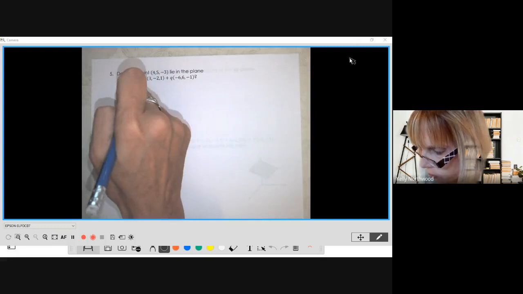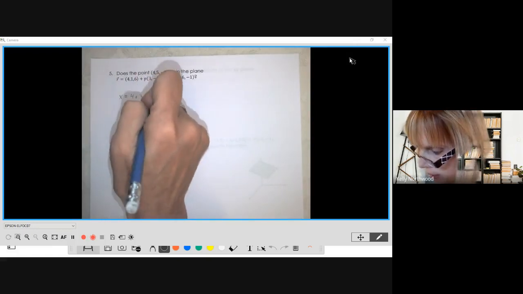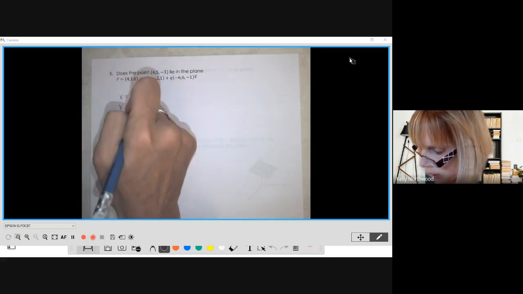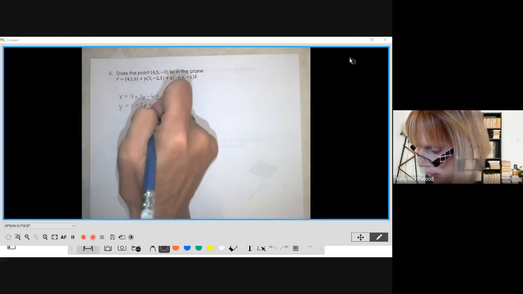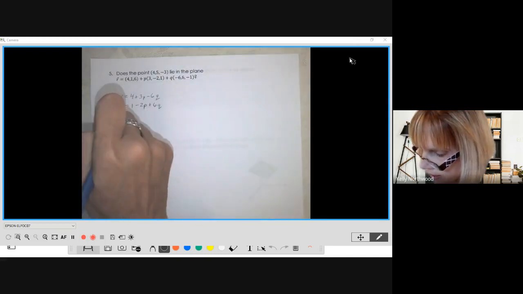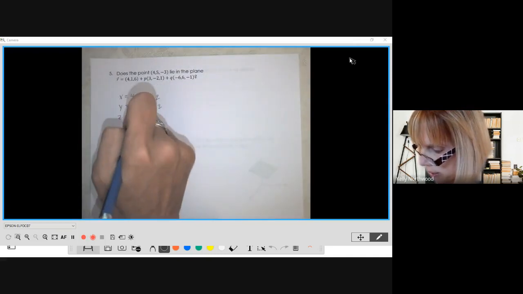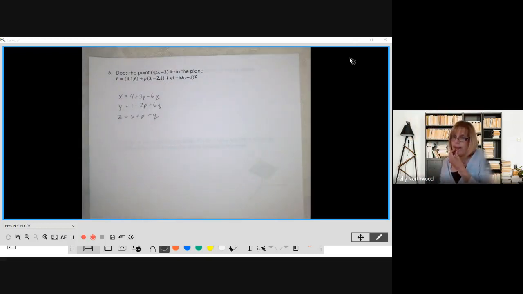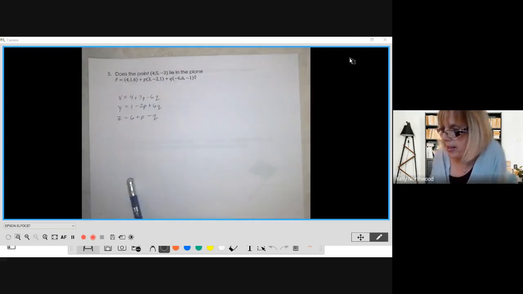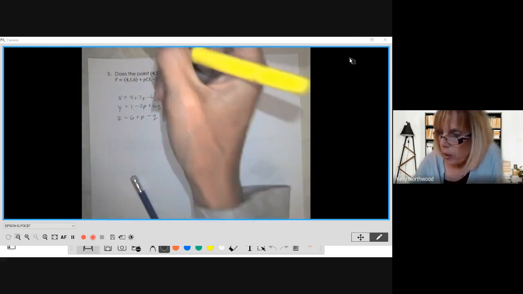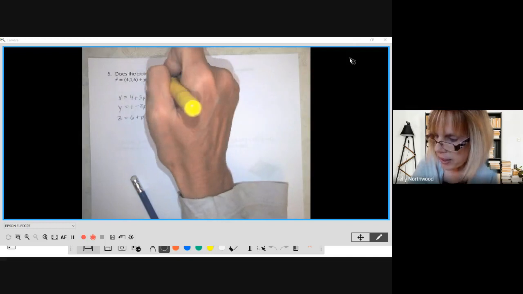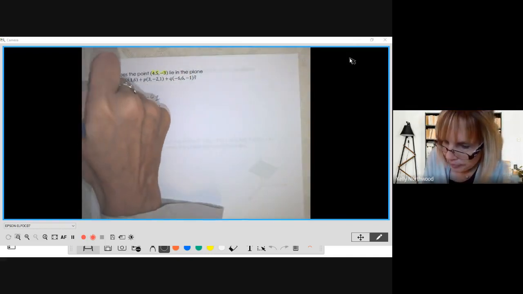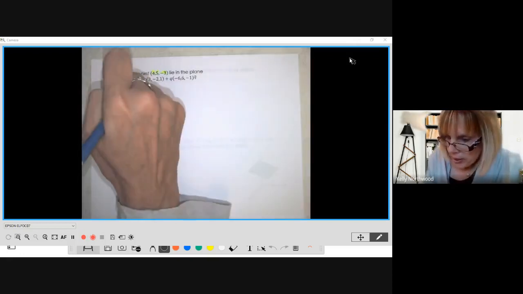So x equals 4 plus 3p minus 6q. y equals 1 minus 2p plus 6q. And z equals 6 plus p minus q. So here's kind of my step 1, just writing out the parametrics.